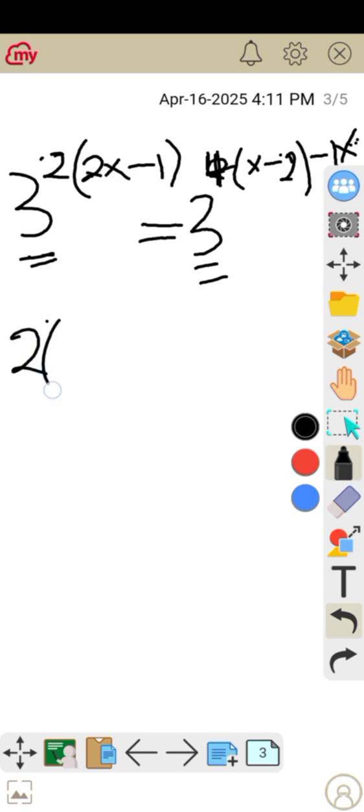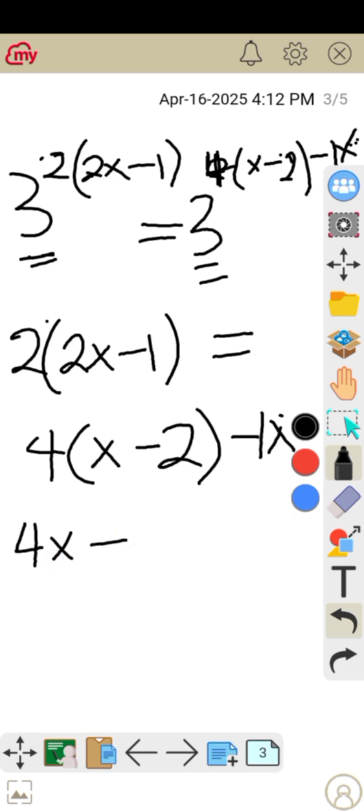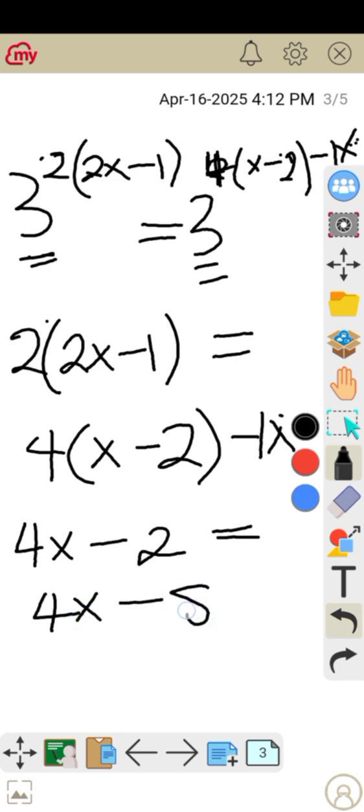We'll be having 2 into 2x minus 1 is equal to 4 into x minus 2 minus 1x. So we open the brackets, this becomes 4x minus 2 is equal to 4x minus 8 minus 1x.